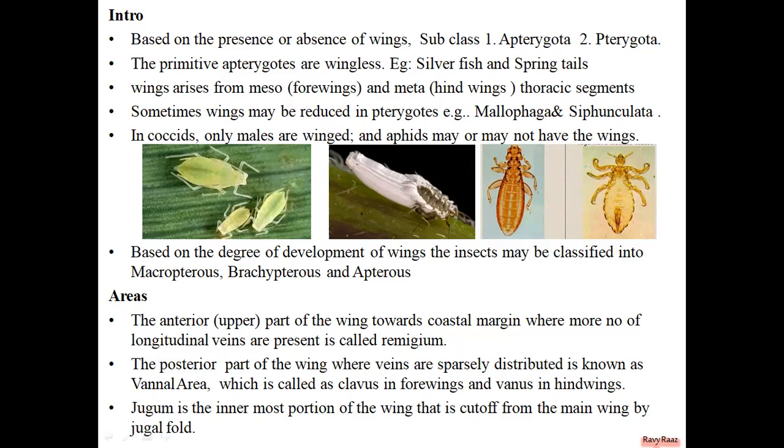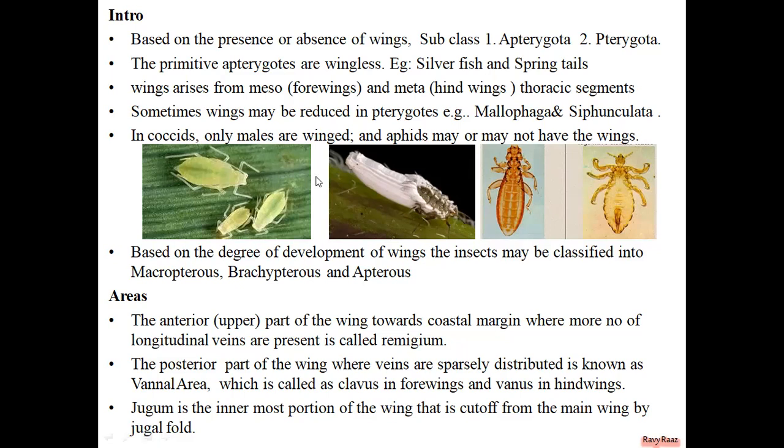Another word for Apterygota is Endopterygota and Exopterygota. In Endopterygota the wings are developed inside the body, and in Exopterygota the wings are developed outside the insect body. So primitive Apterygotes are wingless. Example, silverfish and springtail.